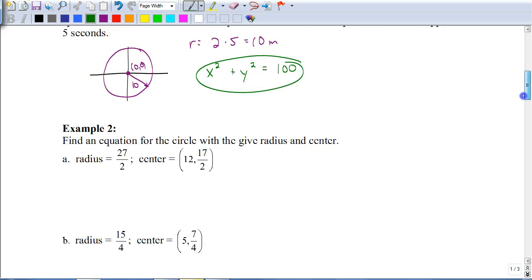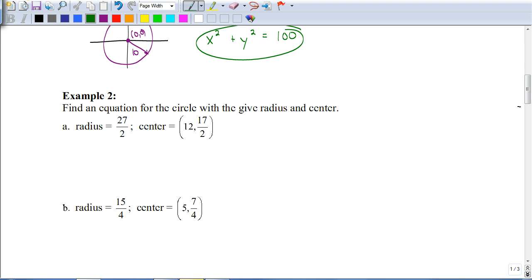Pretty easy problem there. Let's look at some situations where we have a center that's not at 0, 0. Like in this one, they give us the information, we just need to find the equation. So for this one, it's x minus h squared plus y minus k squared equals your radius squared.